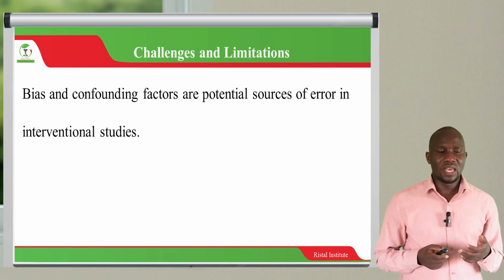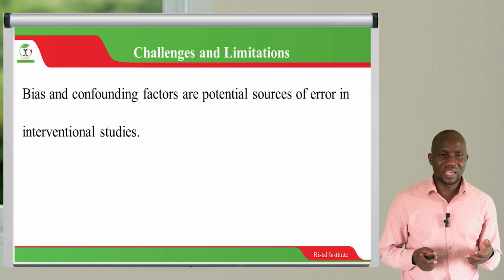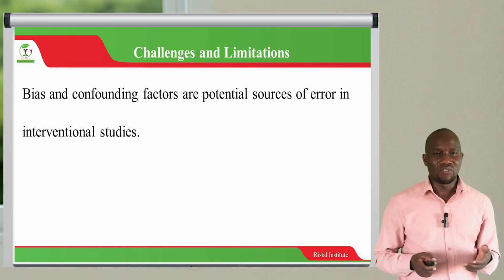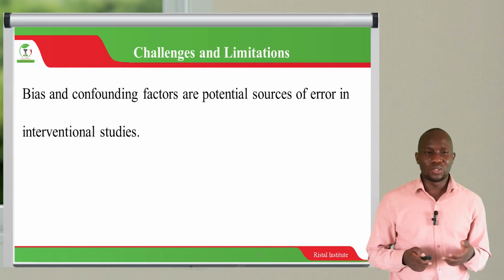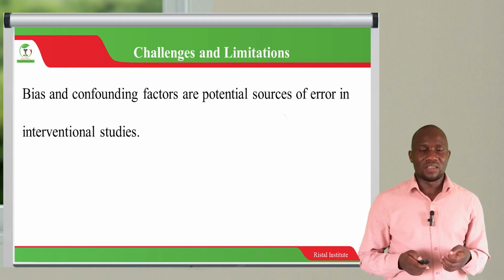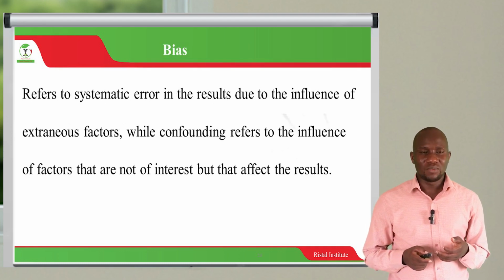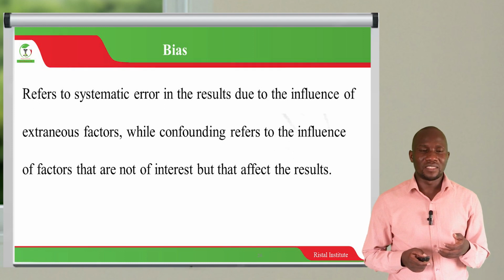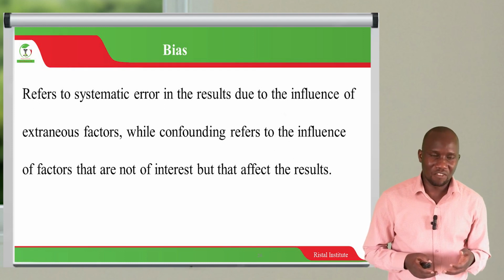Usually the challenges that we encounter in interventional studies are issues to do with bias and confounding factors. These usually cause problems in us making conclusions about particular interventional studies. When we talk about bias, we mean that there are systematic errors that happen because of the influence of other factors.